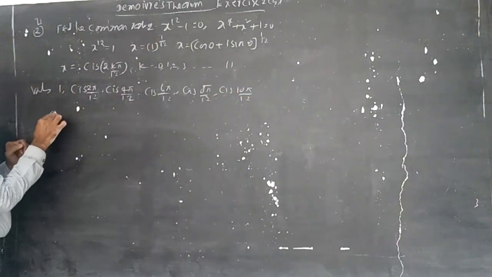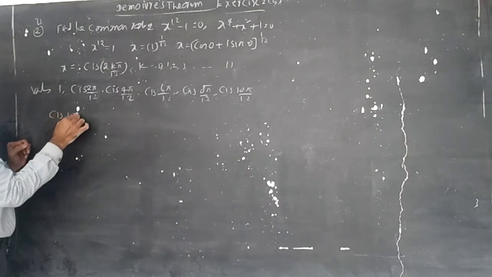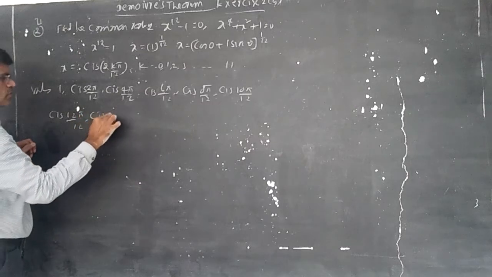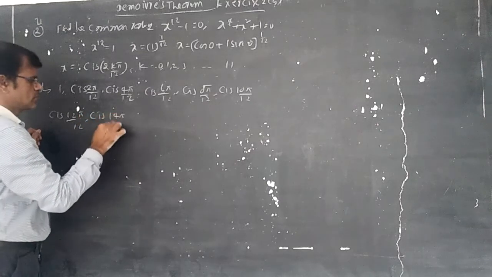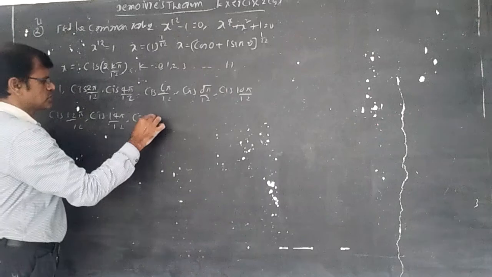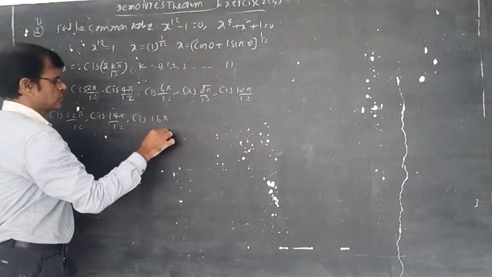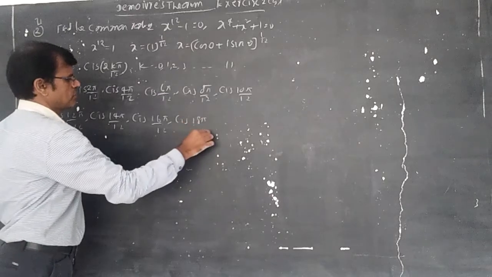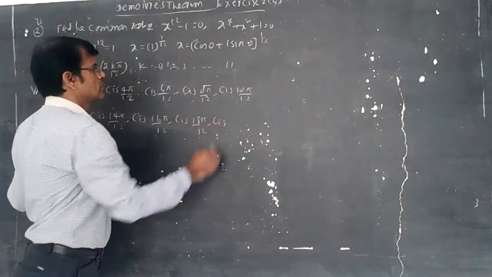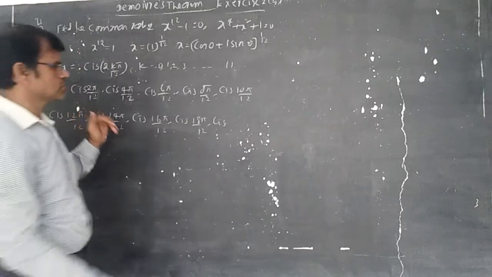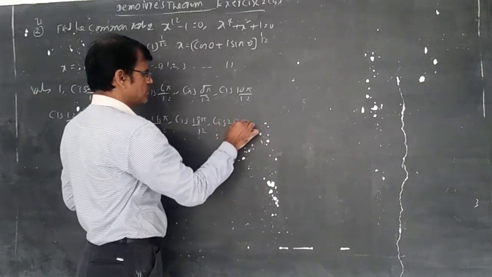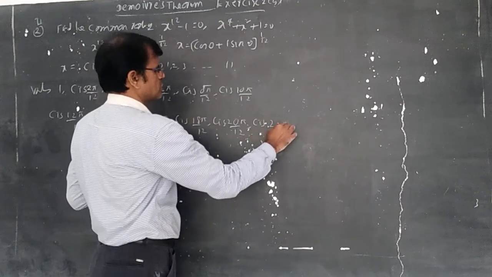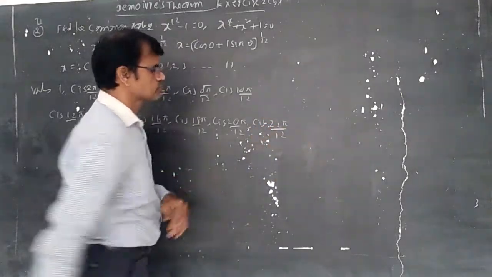Like this, 12 pi by 12, 14 pi by 12, 16 pi by 12, 18 pi by 12. 11 2s are until 20. Okay, I am writing 20 pi by 12, comma 22 pi by 12.